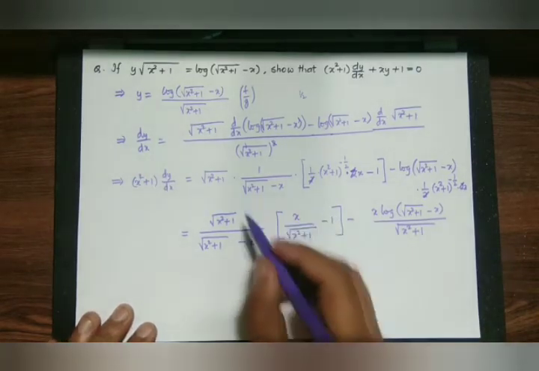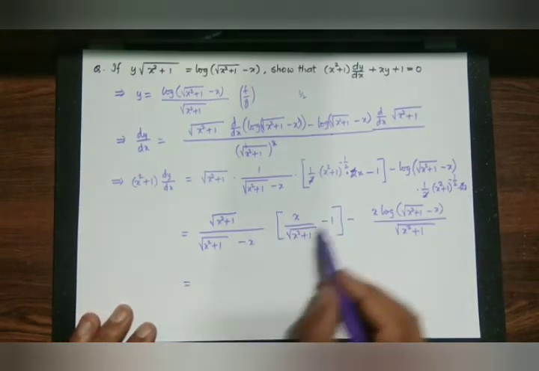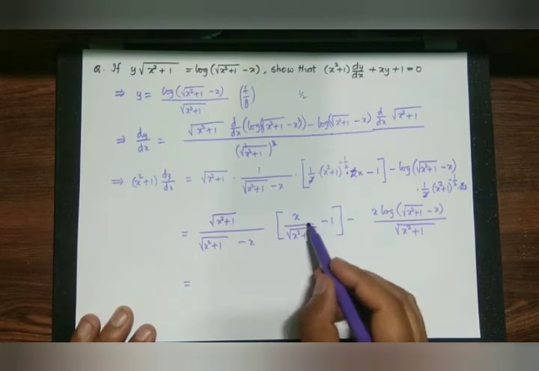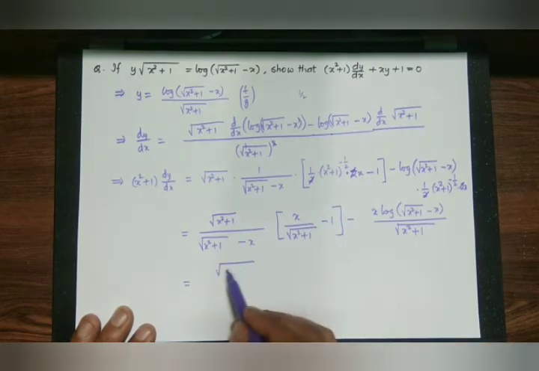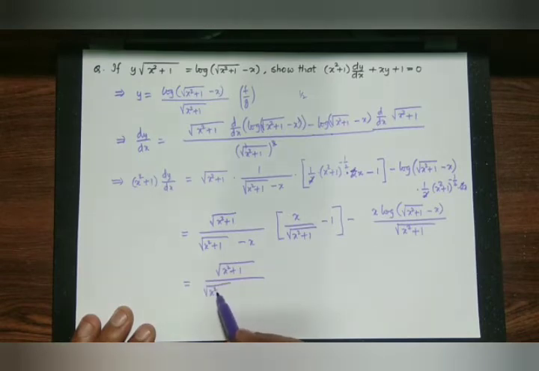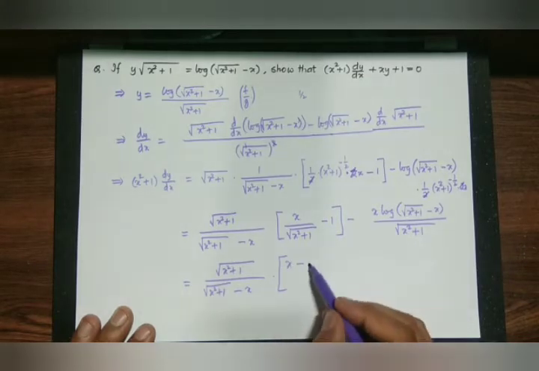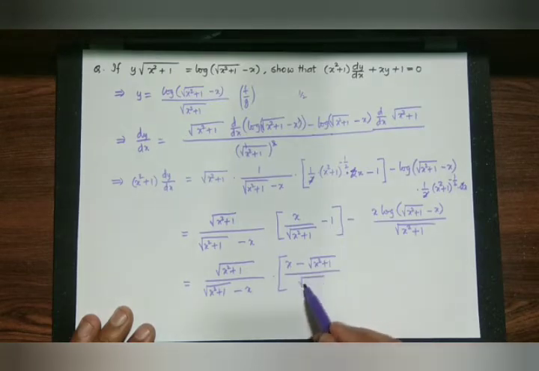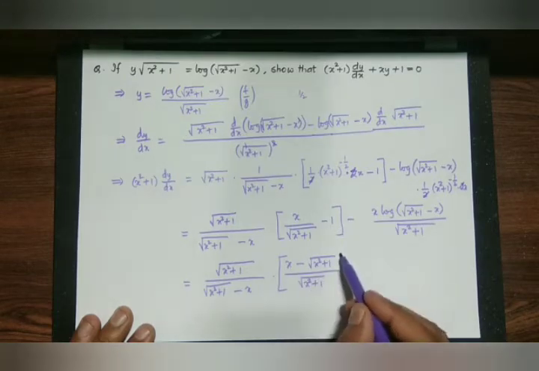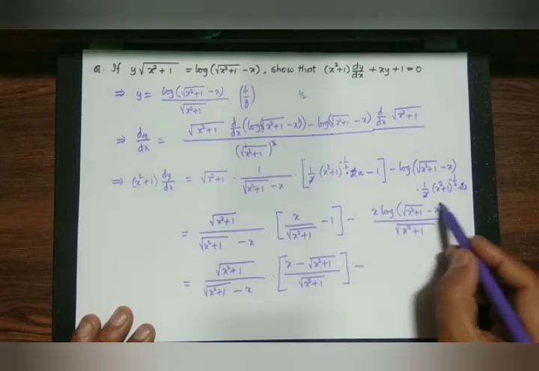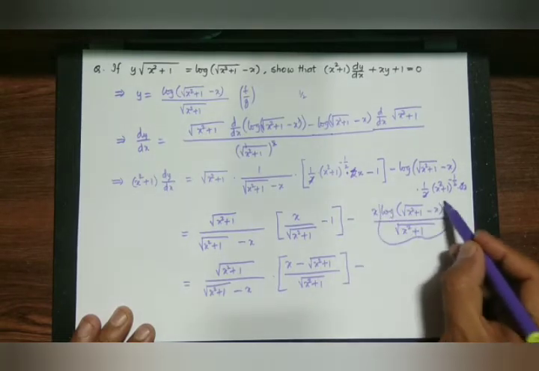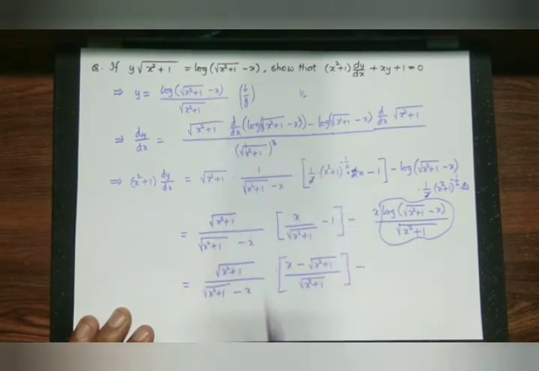Yes, okay, let's simplify this. So if I simplify this, so let me write this as, so this will be as it is, so x square plus 1 root over x square plus 1 minus x, and this can be written as x minus x square plus 1 by root over x square plus 1 minus, now if you see this part carefully, this is equal to y, right?